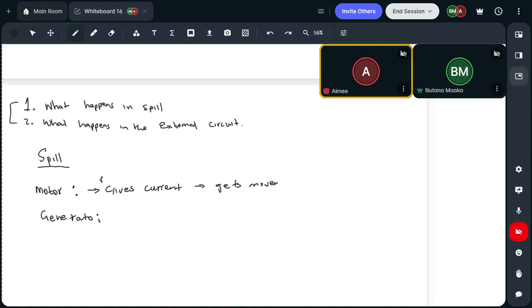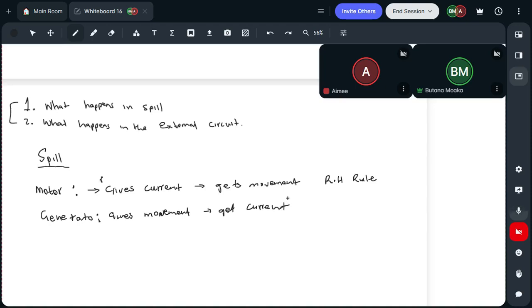You can definitely apply the right hand rule in motor, and then in generator it gives movement, then it gets the current. So everything will make sense. Let's just keep moving, don't worry. And then we can also use the right hand rule in generator. Okay, so this is what happens in the spill.